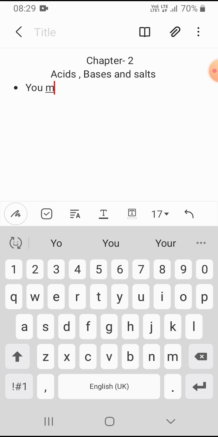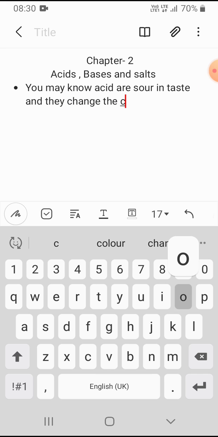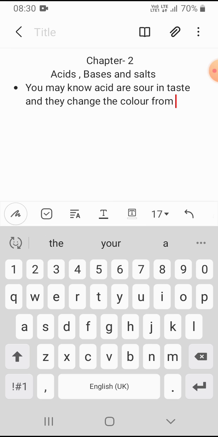You may know that acids are sour in taste, and they change the color from blue litmus to red litmus.